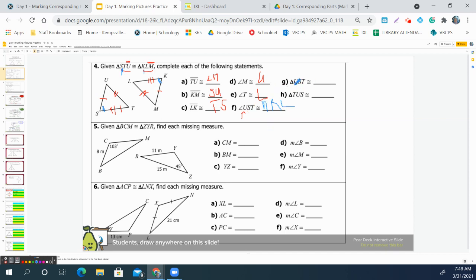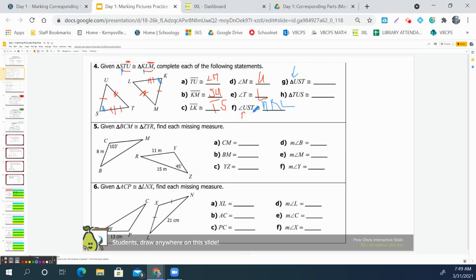What's the difference between F, like Frank, and G, like gorilla? What's the difference in symbols? This means an angle, and this means a triangle. So this, all I'm talking about is that middle angle, angle U. This, I'm talking about the whole triangle.